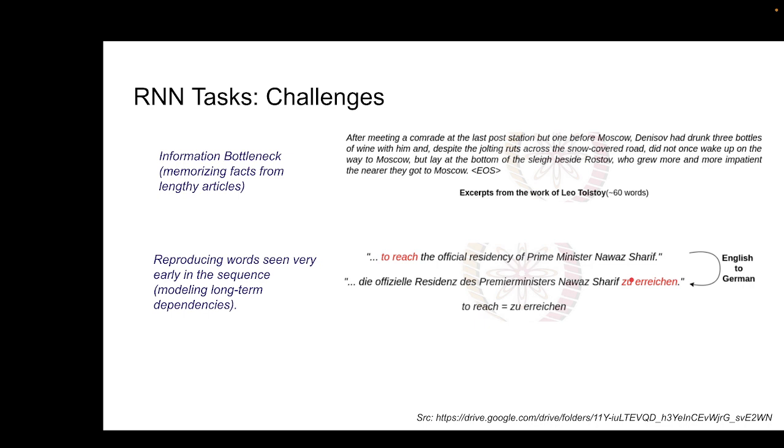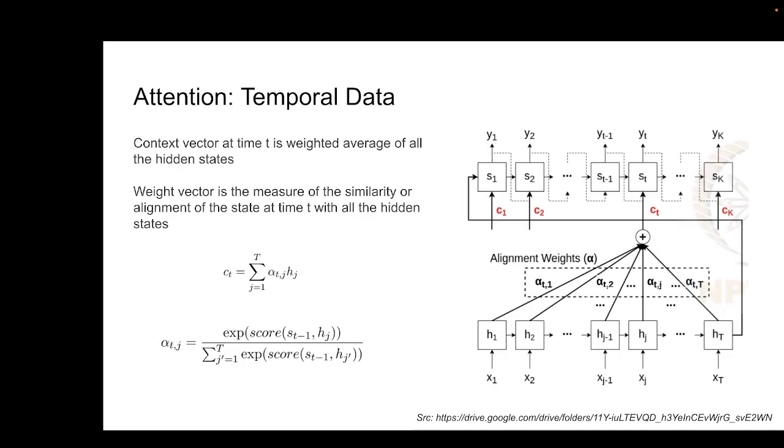So long term dependencies, as written here, is not the best thing that an RNN can do. Hence, we have to deal with these problems, and this is why attention has become so important.